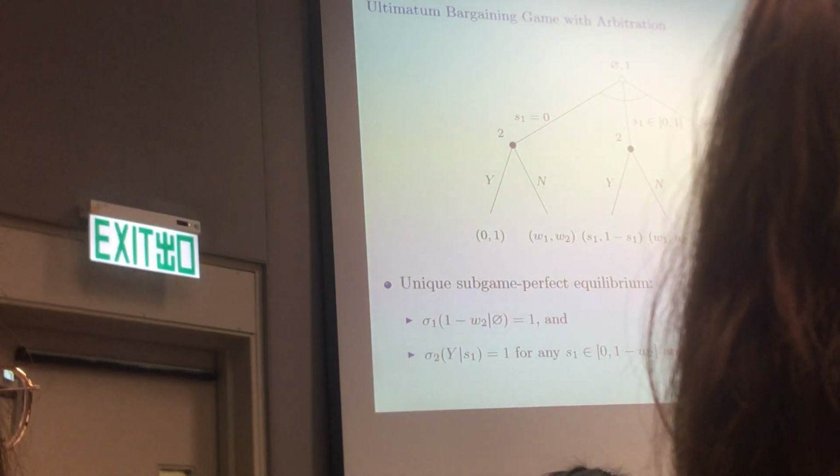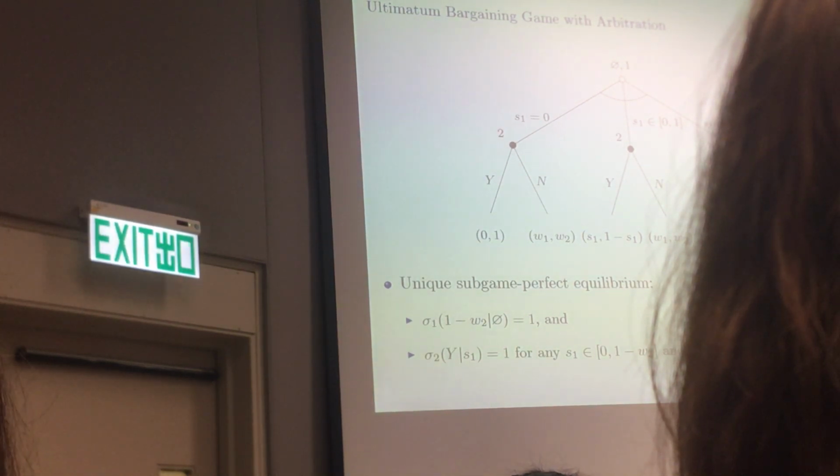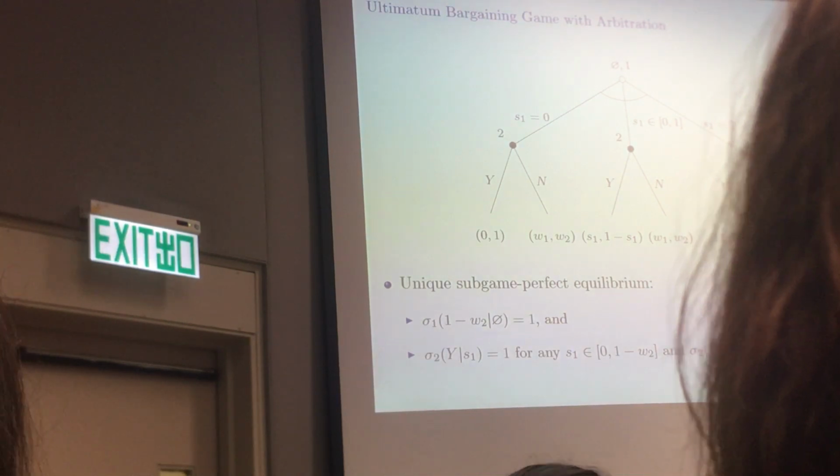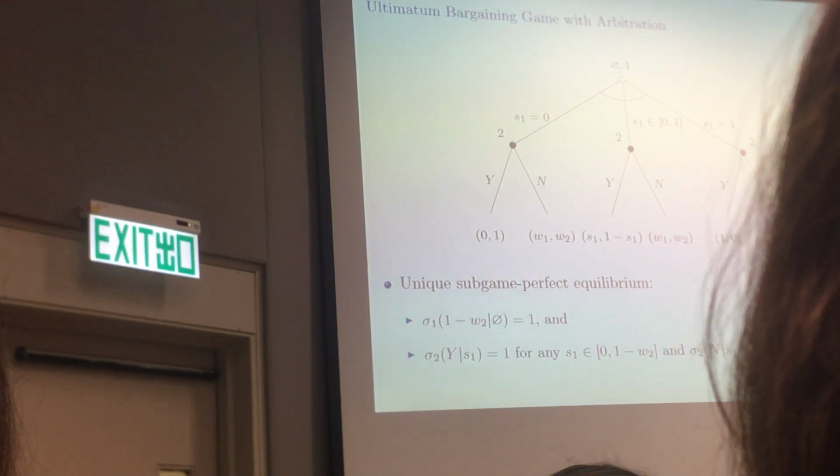If S1 is larger than this number, then player 2 will choose no, which means they are going for the arbitration process, and the payoff from that process for player 1 is W1. That was our assumption here.